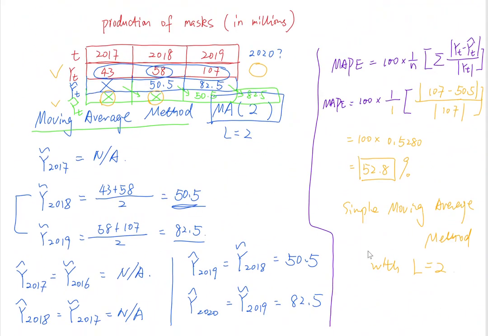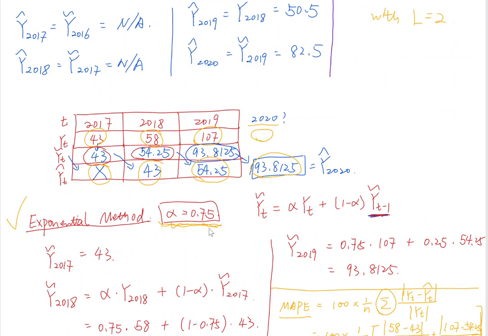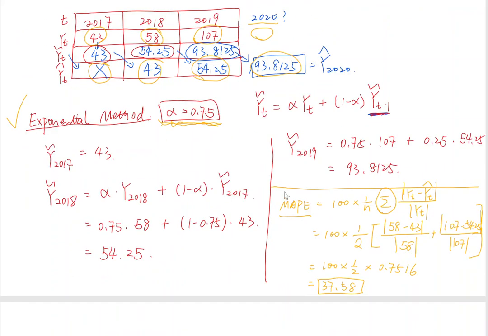So this is the way how you compare the methods. But for our setting, L equals 2 and alpha equals 0.75, and then we calculate MAPE for these two different methods, and then we can conclude that based on this time series, the exponential method is better. All right, so this is the example for the smoothing method, right?